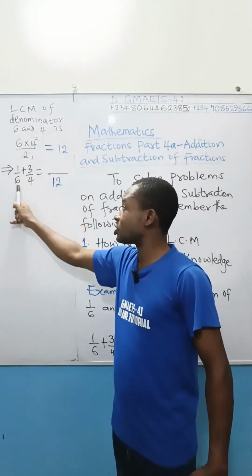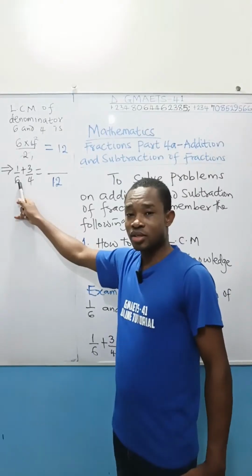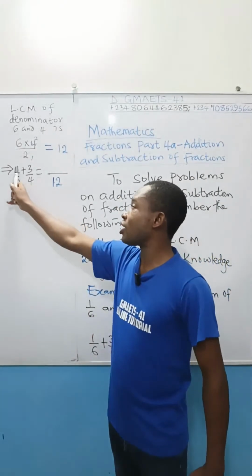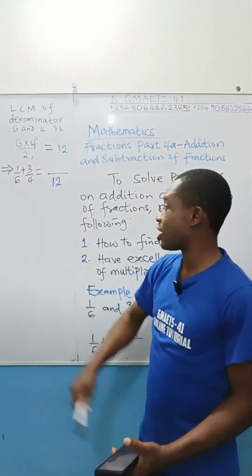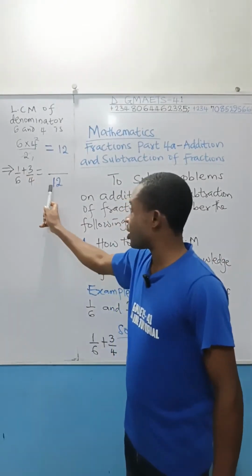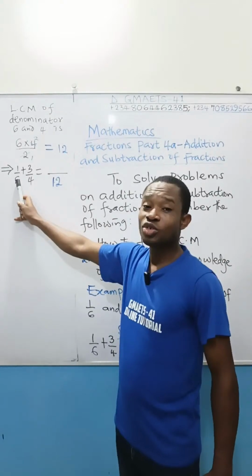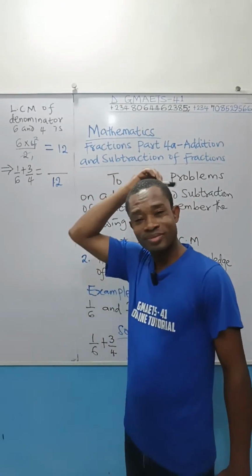You come to this fraction, 1 over 6. Then come to this LCM, 12 divided by 6. That will give you 2. Use that 2 to multiply 1. You will get 2. Once again, come to this fraction. 12 divided by 6, you will get 2. Use the 2 to multiply the numerator. 2 times 1 will give you 2.